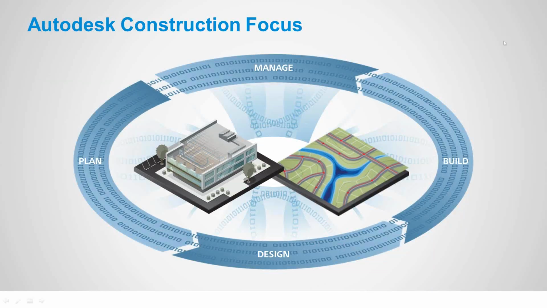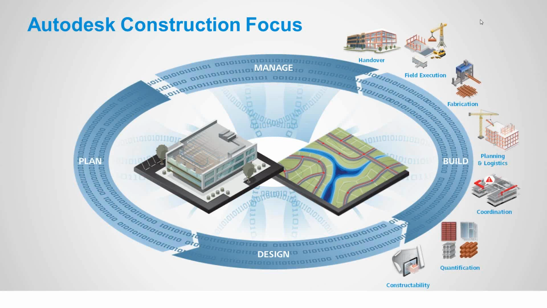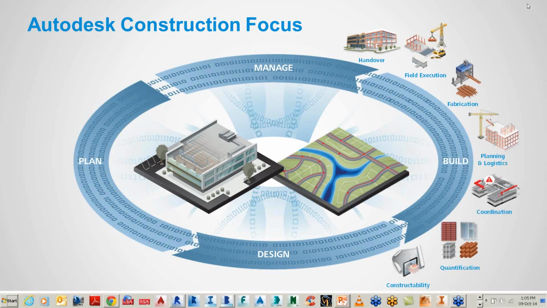So, to give you an idea of where Autodesk are going with the Revit or the BIM data, we've got a number of tools that allow you to do planning, like master planning with our Civil 3D applications and InfraWorks. We can develop our building designs within Revit and our AutoCAD-based environments. And then for our building workflows, what we're doing is we're using that data to allow better constructability.